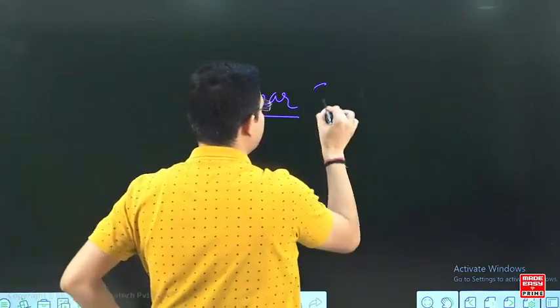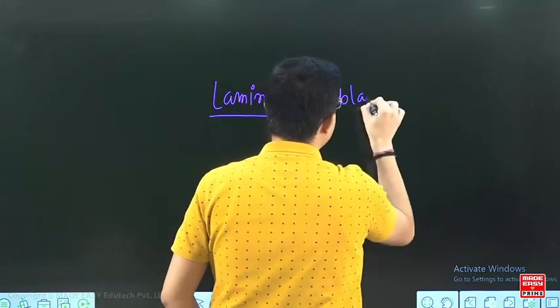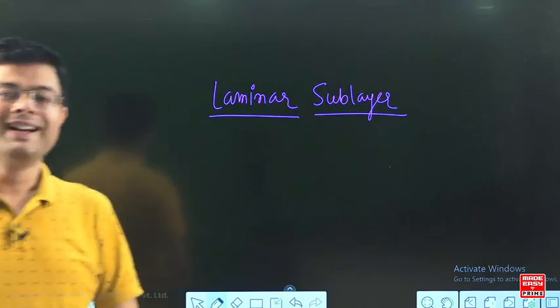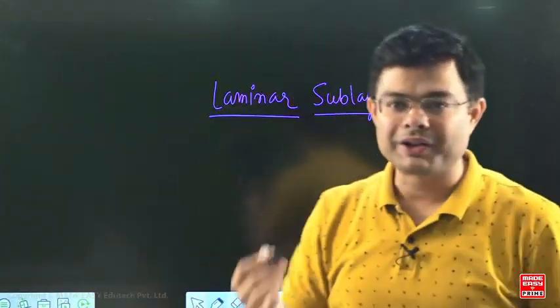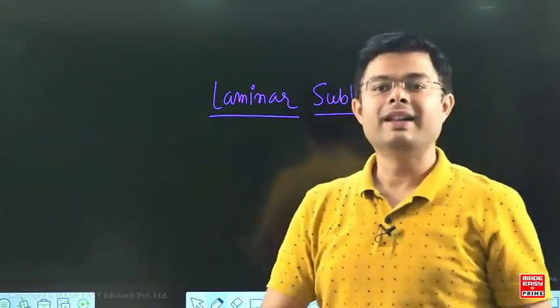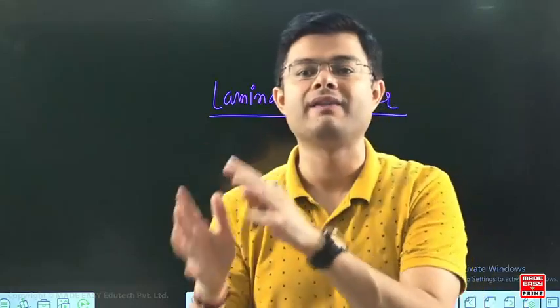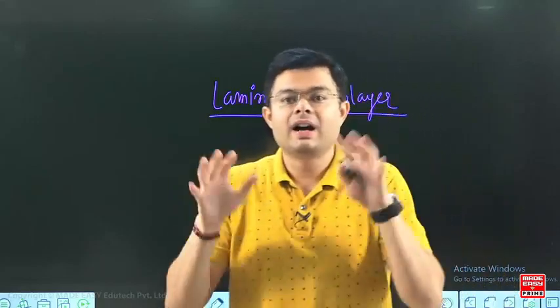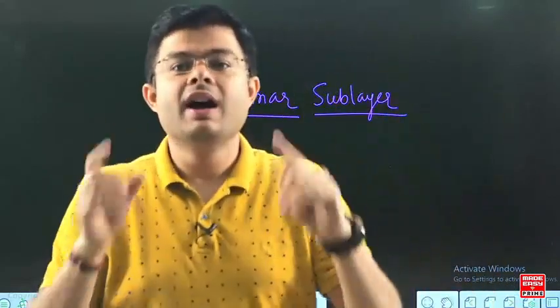Do you remember, that layer is known as laminar sublayer. So already I have taught you in boundary layer theory that turbulent flow can never be 100% turbulent.